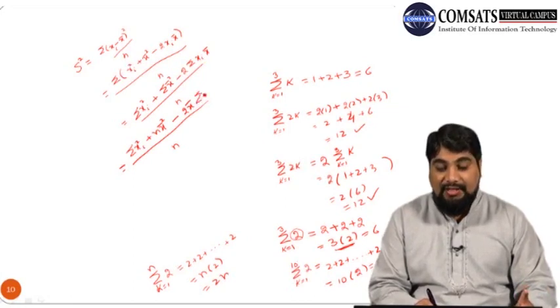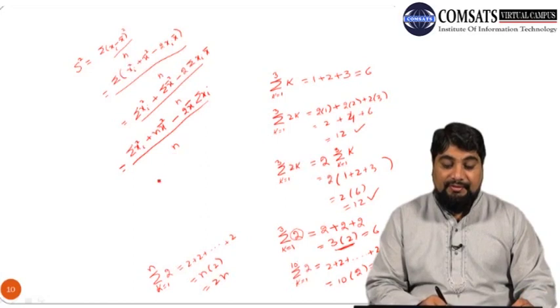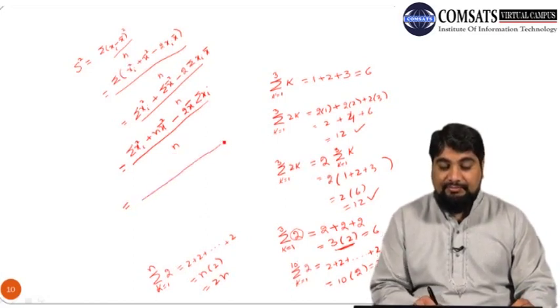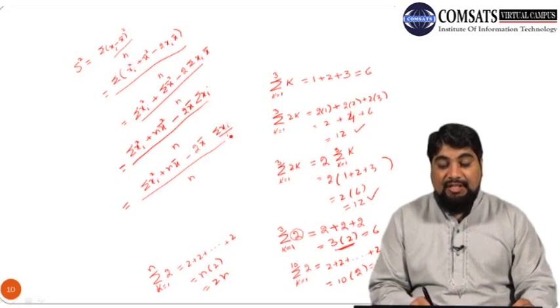So summation xi. In the next step, write this n as it is, this summation xi square as it is, this n x bar as it is, minus 2 x bar as it is, and this summation xi. Now divide this summation xi by n, and in order to balance it multiply this product with n. So divide and multiply with n.